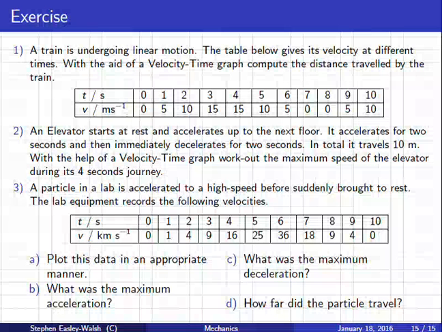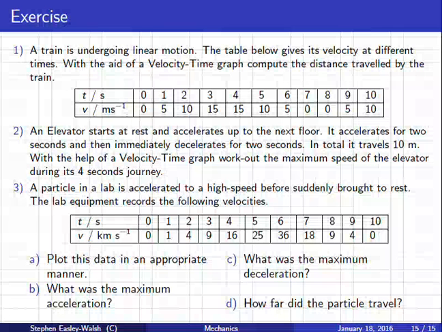Yeah? Okay, the next part is the acceleration, which is here. So there's a quick way to calculate acceleration. If you have a line on a graph, the slope is equal to this divided by this. That's the slope.